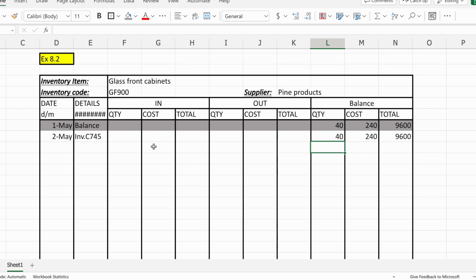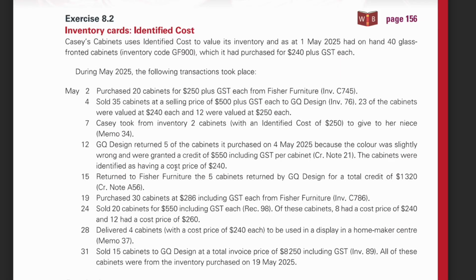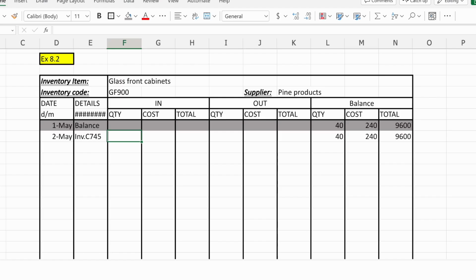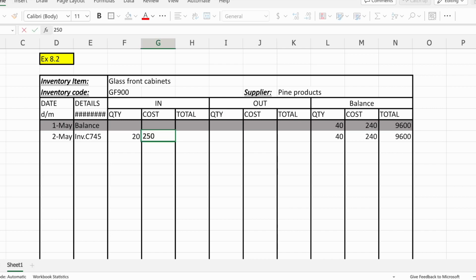But now, what effect did it have? They purchased 20 cabinets for $250, so it's coming into the business: 20 cabinets, each costing $250. 20 times 250 is 5,000 total.